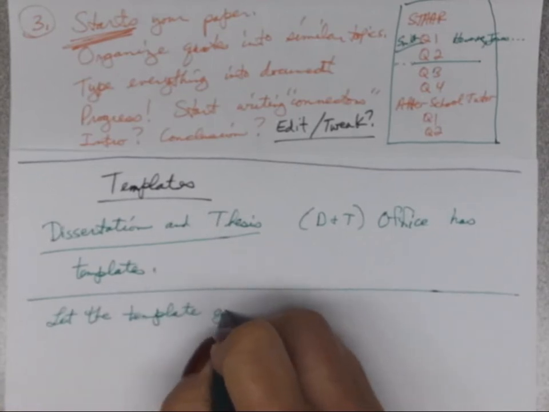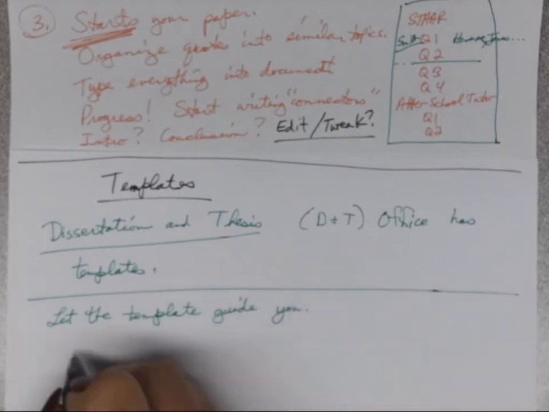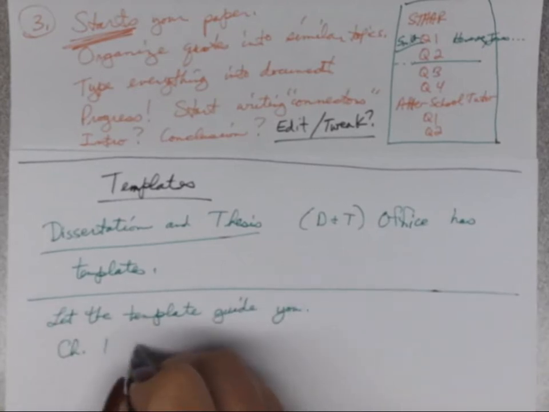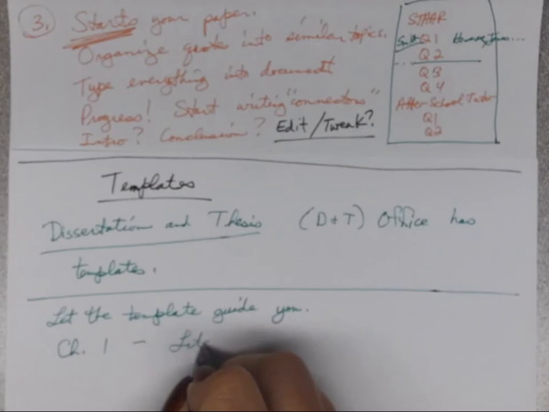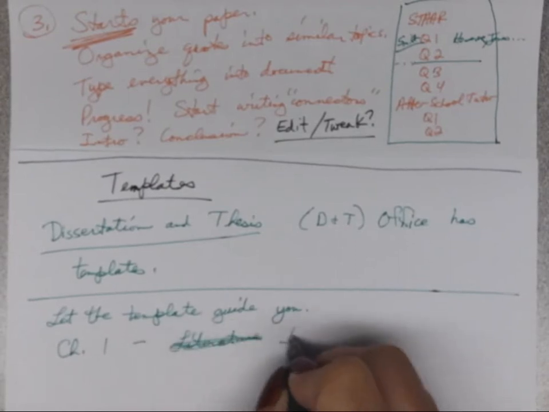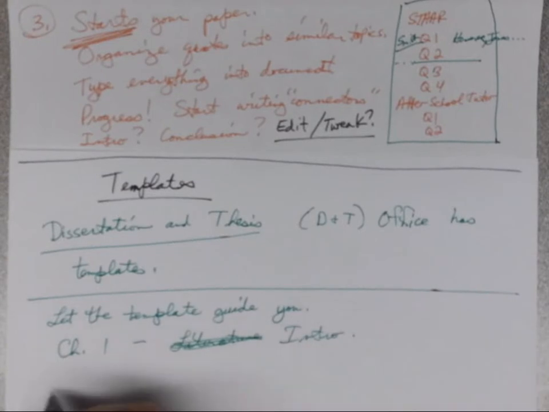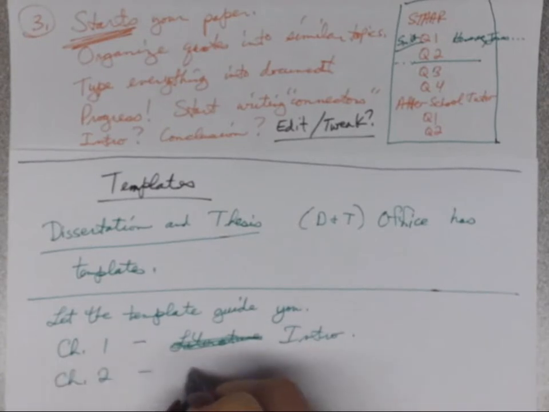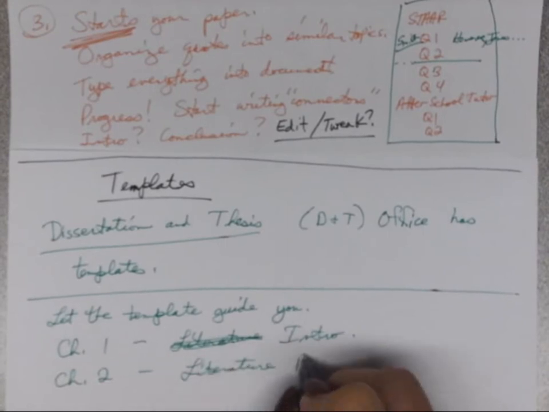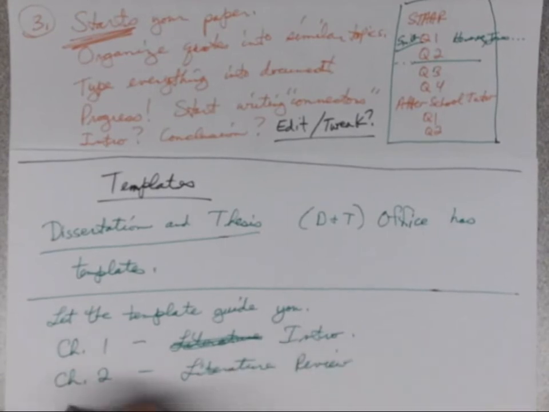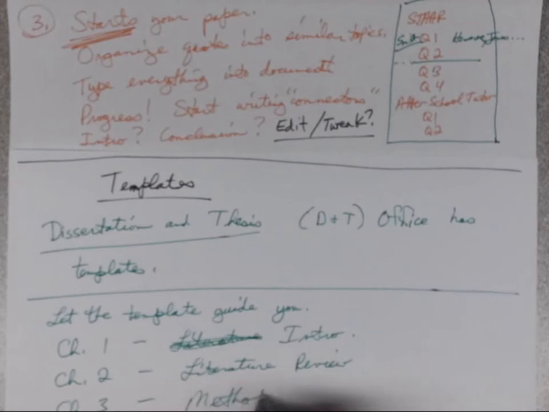Okay, and what I mean by that is they're going to tell you, look, chapter 1 is your literature review. Actually, probably chapter 1 is your intro. Sorry. Why are you even doing this? Chapter 2 is your literature review. I know, I got too eager. Chapter 3, maybe that's your methodology. What are you going to do? How are you going to do it?